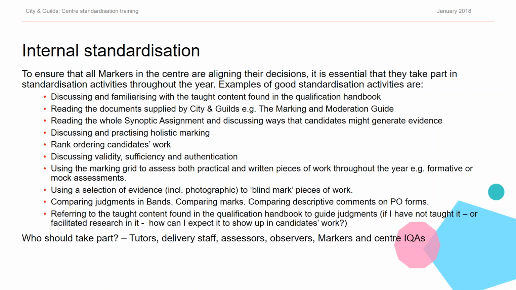Comparing judgments in bands, comparing marks and descriptive comments on practical observation forms is a really good way of deciding whether those comments on those forms are enough to enable somebody to mark that form.